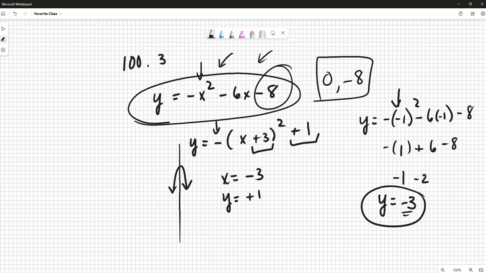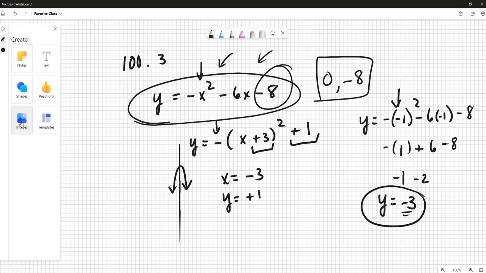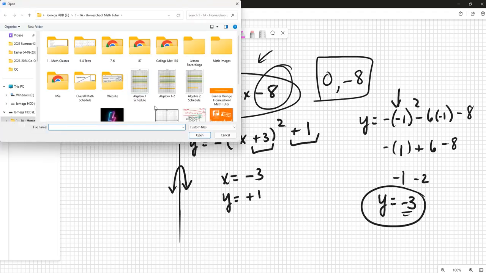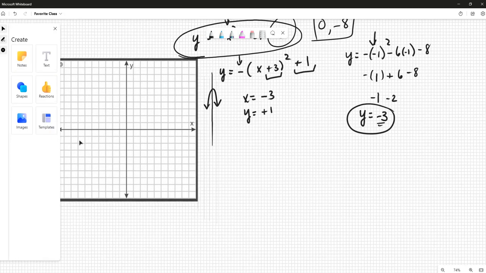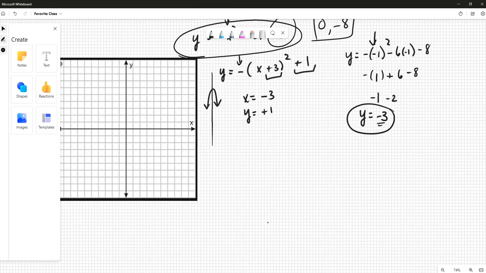So if y is negative 3, I can show you how to graph that. Let me put up a coordinate plane. We know that the vertex is at x equals negative 3 and y equals positive 1, so I go to the left 3 and then up 1. That's the vertex of the parabola.